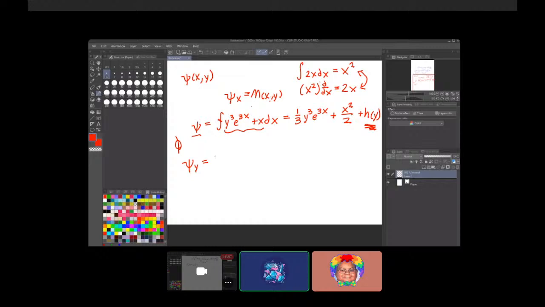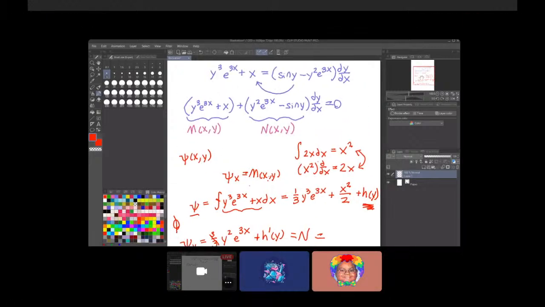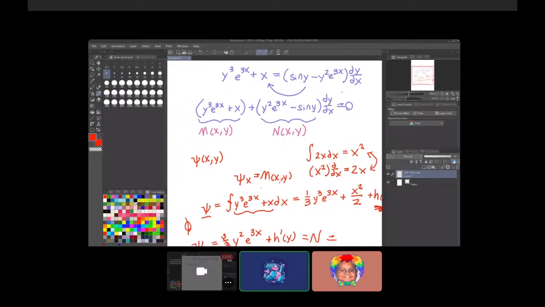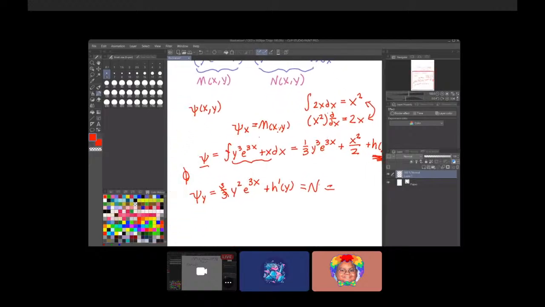Find the y derivative. So the 3 over 3 cancels. Y squared e to the 3x. That cancels. This becomes plus h prime of y. And psi sub y is equal to N. So this is equal to what was in N, minus sine y.